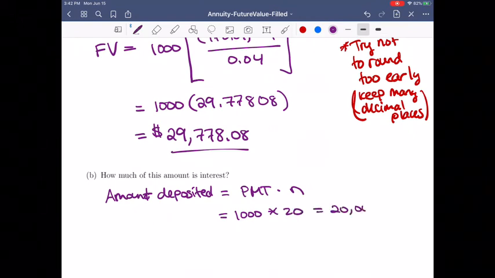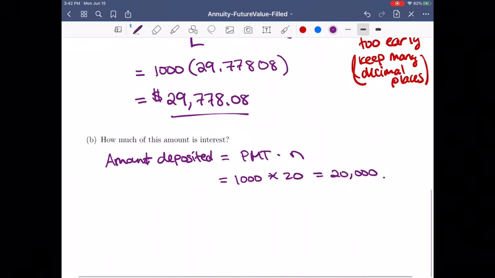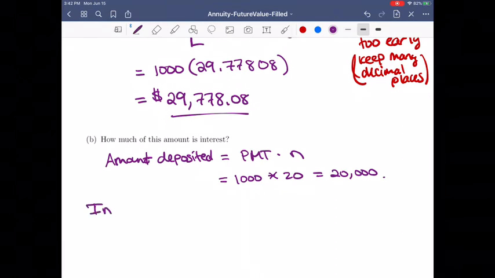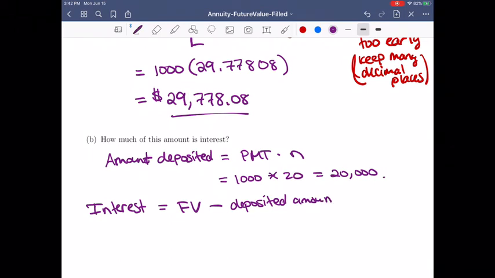So we actually put in $20,000, which means that the interest is our future value minus the deposited amount. So anything that's extra has to be interest. Okay, so this is going to be $9,778.08 in interest.